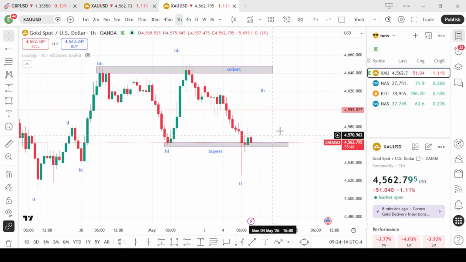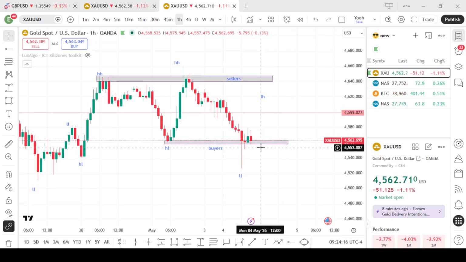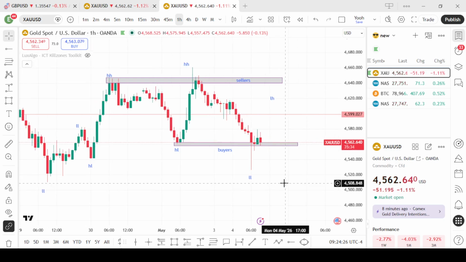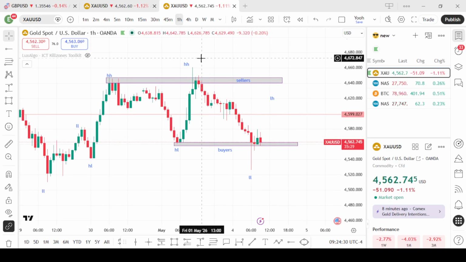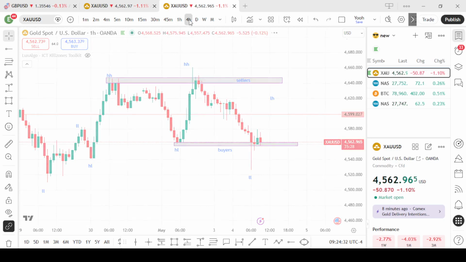So we need to just wait and see whether price will come down and then go up, form the lower high and come down, or whichever the case. Because we are analyzing it on the 1 hour, we can look at it from the 5 minutes.